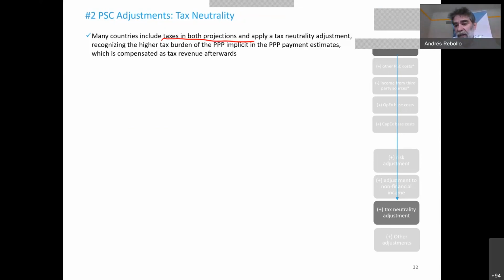And then, because the taxes are bigger in PPP than in the other case, I need to neutralize that because they are not a true cost for the society. So many countries include taxes in both projections and then adjust, okay?